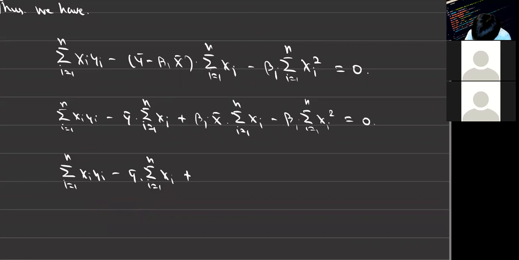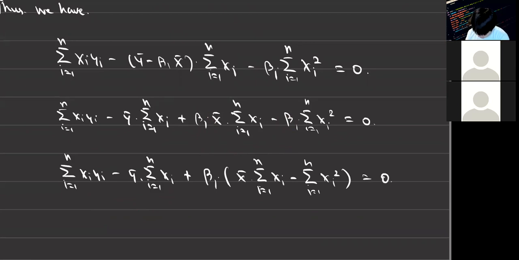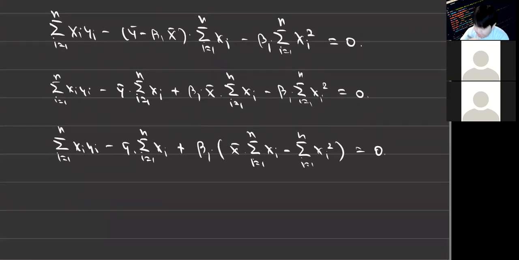Plus, now we said we're going to factor this one out, right? So beta 1 comes out. And in the parentheses, we have what? x bar summation i from 1 to n xi minus summation i from 1 to n xi squared equal to 0.